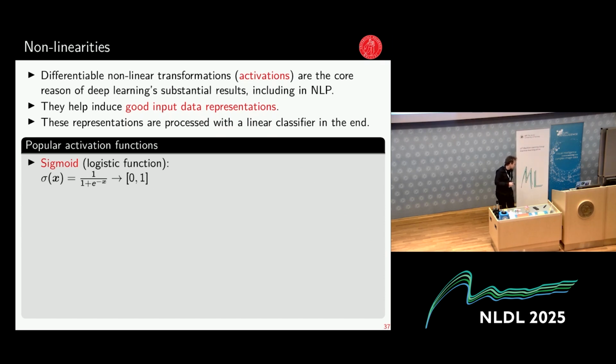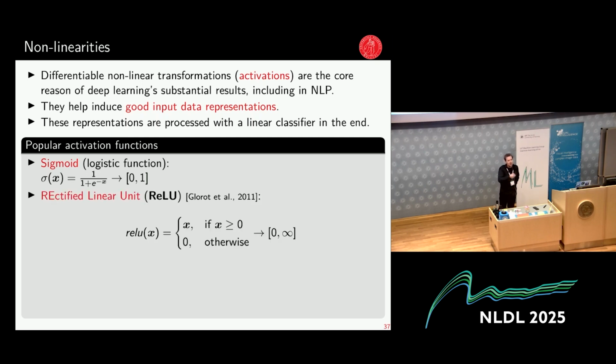There are dozens or maybe hundreds of activation functions, but some of the most popular are, for example, sigmoid, then a very simple function which is called rectified linear unit, and it's really simple, and I mean it. If you look at the equation, you can see that you have an input x.